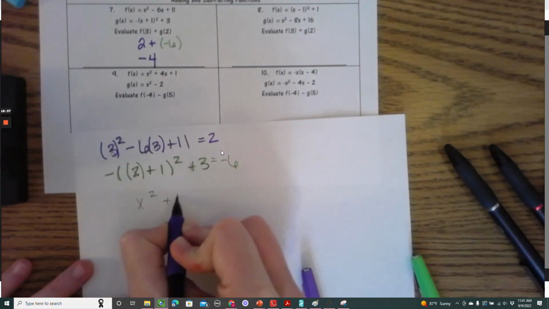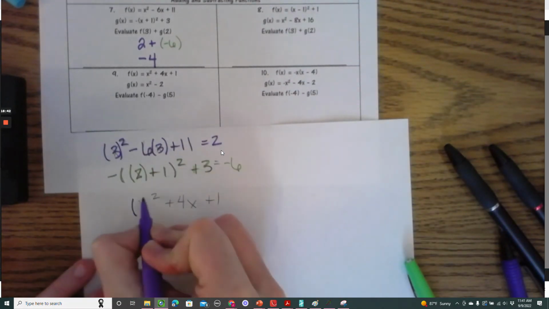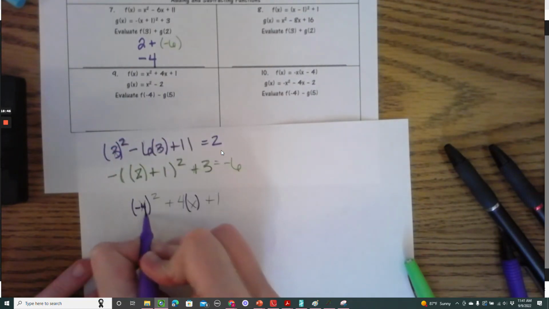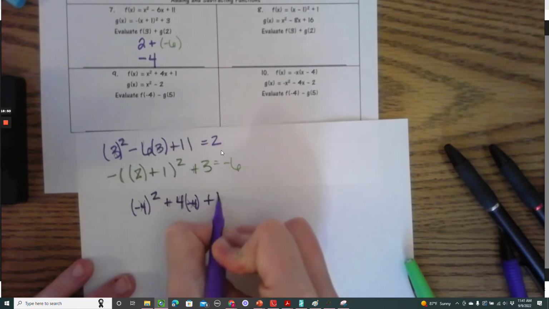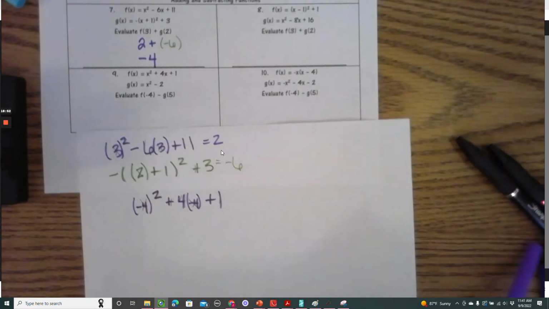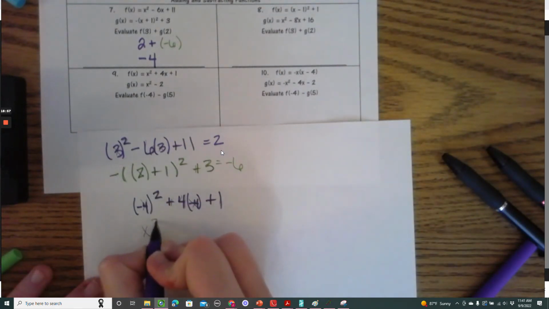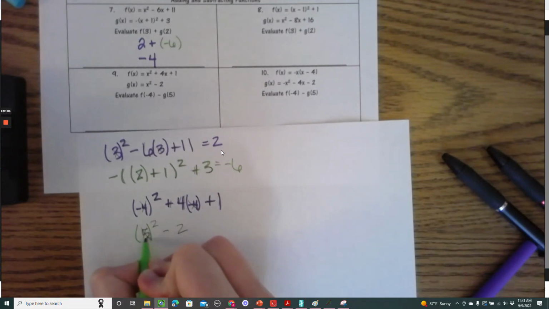All right, so number 9. x squared plus 4x plus 1. f of x is a negative 4. And then g of x is x squared minus 2. x is a 5.